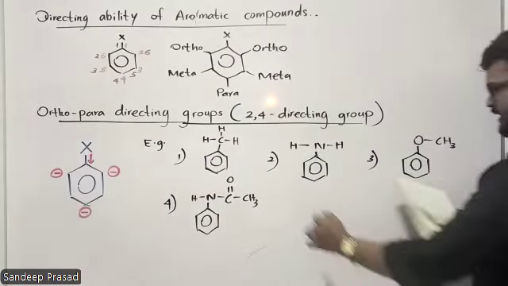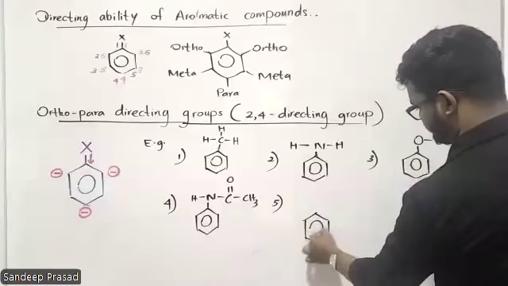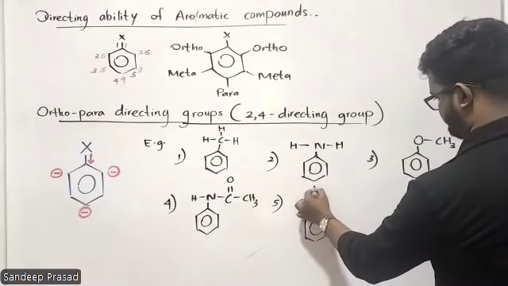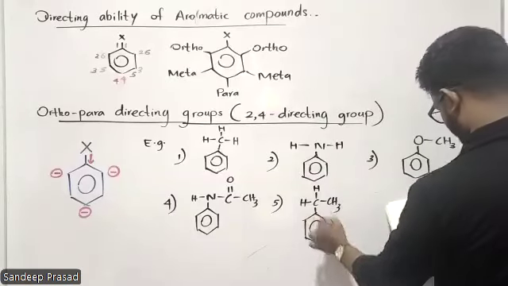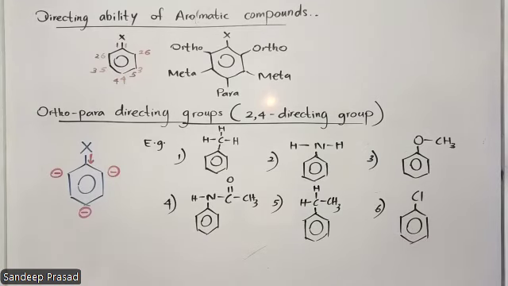Number 5. Ethyl benzene. Perfectly all right. Number 6. Chlorobenzene. Fine. No double bonds. So these are a few examples for the ortho-para directing groups.